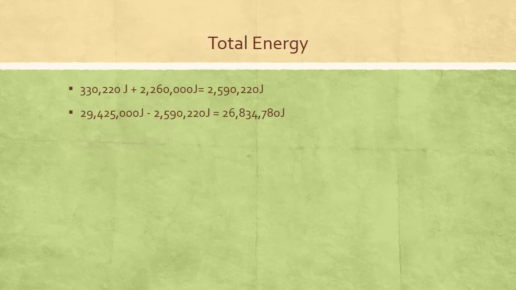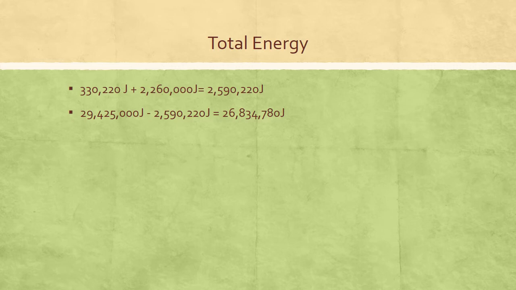The next step we want to do is find out the total energy it took to bring the water from the liquid to the gas state, which was 2,590,220. Now we want to subtract that from the total energy, which is 26,834,780 joules.